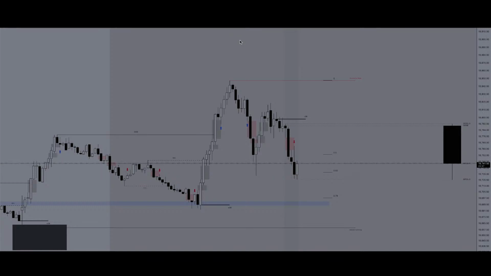Finally broke through that breaker, so that's definitely something we want to see.